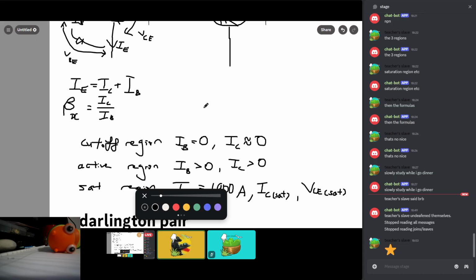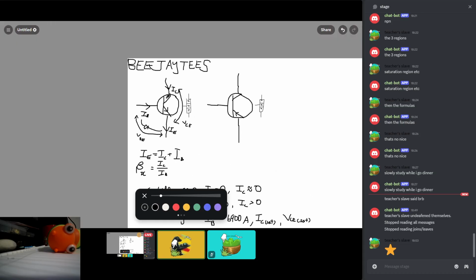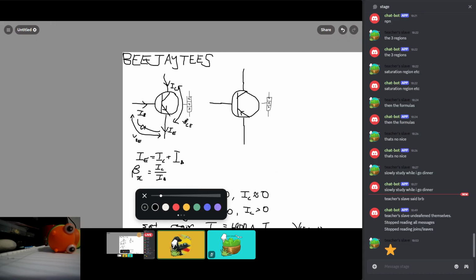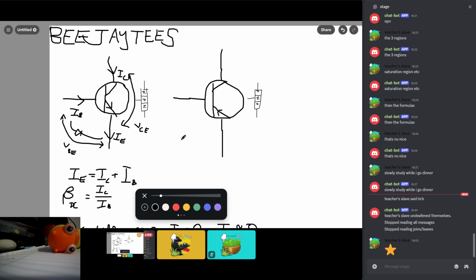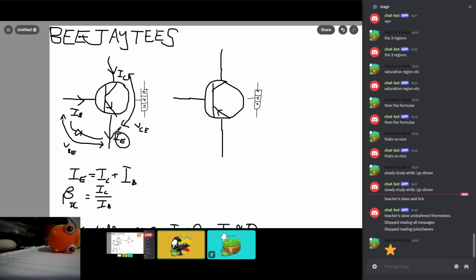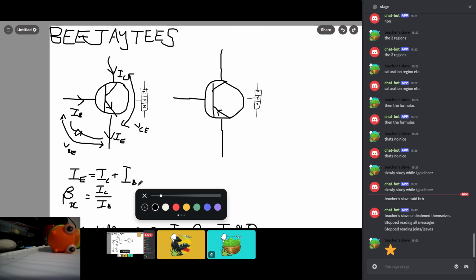Whenever you use a transistor as a switch or whatever, the output current, as I have said, will be increased.